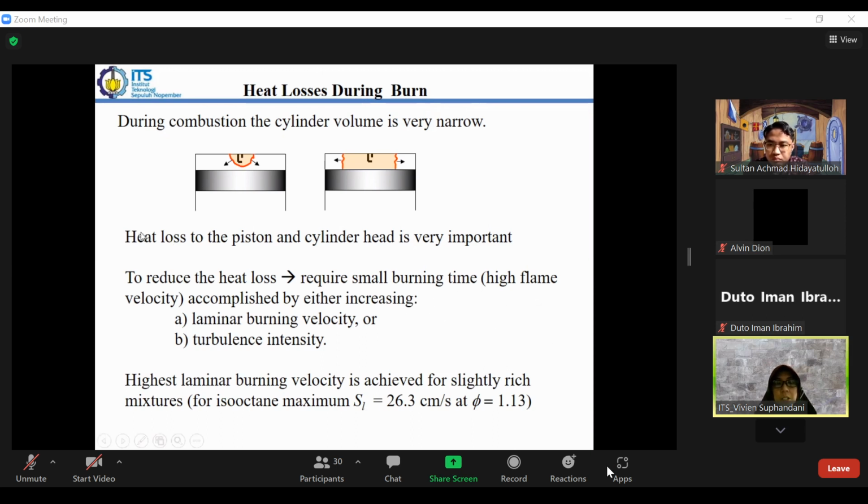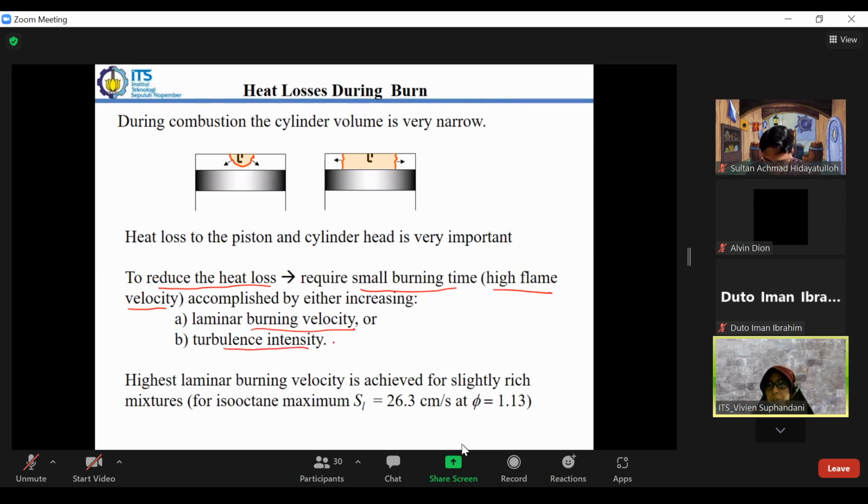We see here that heat loss to the piston and cylinder head is very important. How do we reduce the heat loss so that the efficiency becomes higher? If we want to reduce the heat loss, we want a very small burning time, or high flame velocity. To minimize the heat loss, we either increase the laminar burning velocity or increase the turbulence intensity.